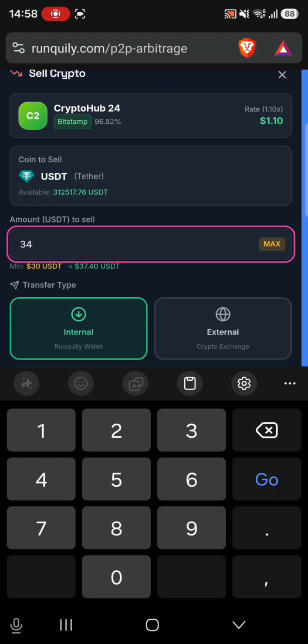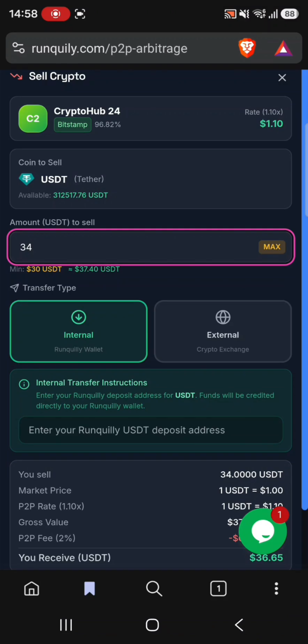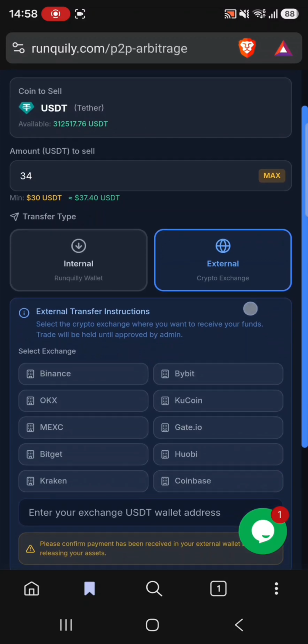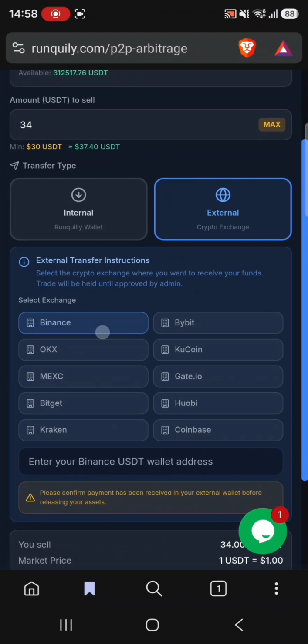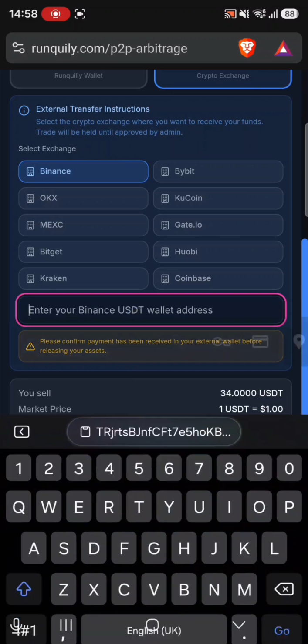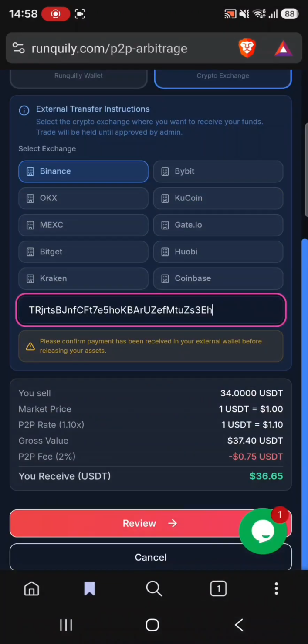So instead of receiving internally on Ranquilly, you can see here, I'll choose my external wallet, that is crypto exchange. Arbitrage is between two platforms, so you can't sell here and receive there. You must receive in another platform. So because I'm using Binance, I'll click on Binance, then I'll paste the address copied.